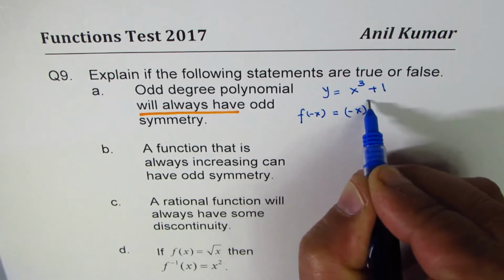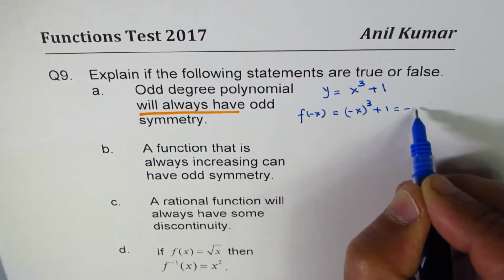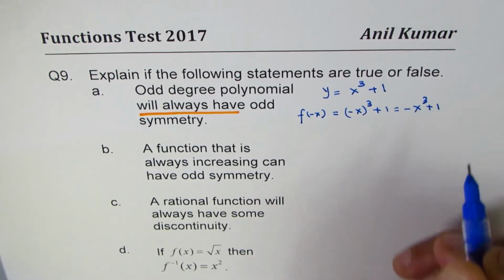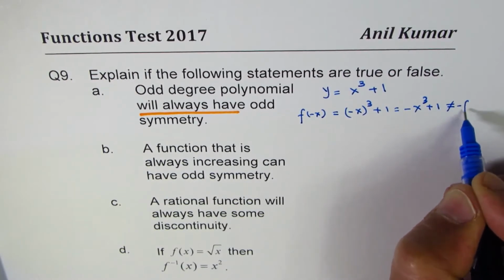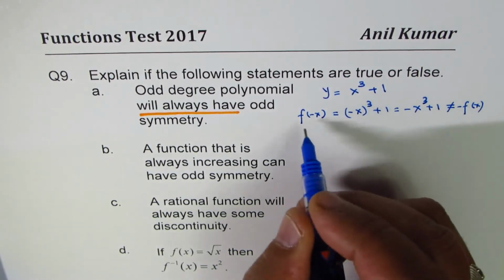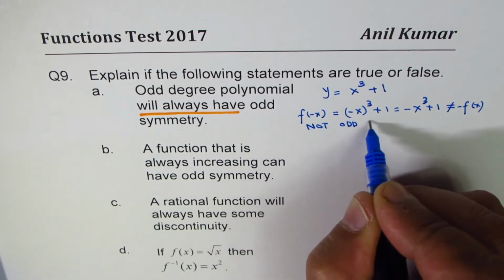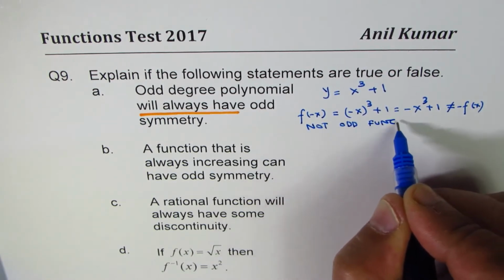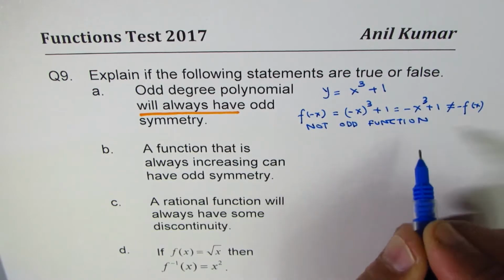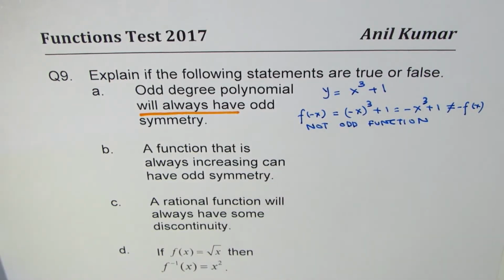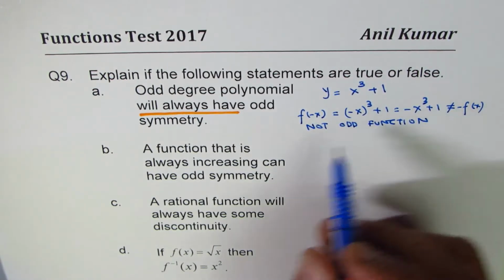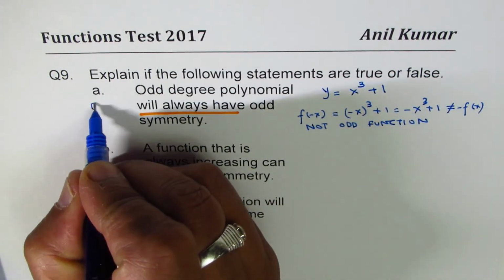Minus x whole cube plus 1, which is minus x cubed plus 1. It is not equal to minus of f of x. So the symmetry is not odd. Therefore, this statement is false.